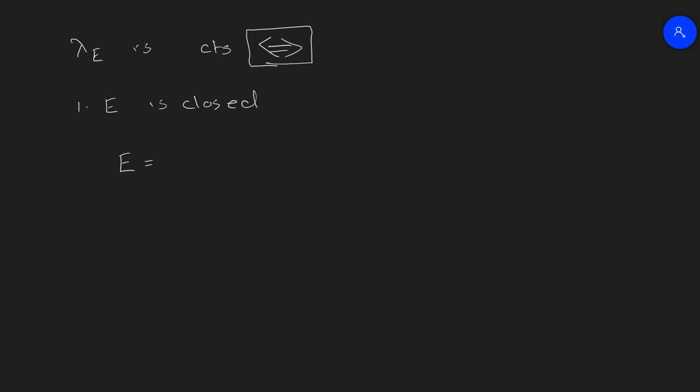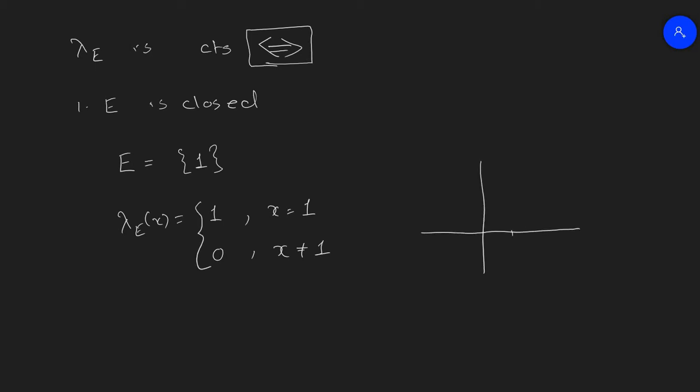To take the case, let's say E is the singleton {1}. So the characteristic function looks like f equals 1 when x equals 1, and it is 0 when x is not equal to 1. If you draw the graph, we can see that at 1 the function takes the value 1, and for all other values it takes the value 0.